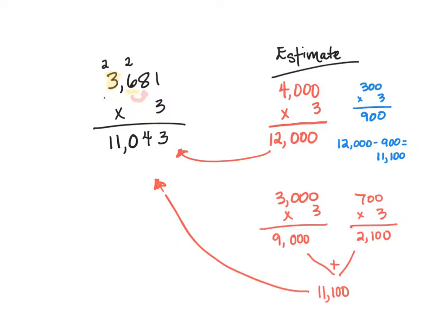You have to look at your numbers and think about how far apart your estimate number is from your original. If I look at 4,000 and I look at 3,700, I can say it's about 300 apart. So I'm adding on those 300 groups to my estimate, but I can also take them out to get a more accurate estimate. You're going to practice estimating different ways to get a closer estimate. And I want to see that thinking and that work, fourth graders.